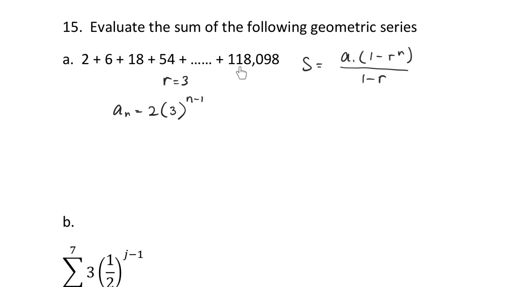We could solve for n by plugging 118,098 in for a sub n. Now the variable we're solving for is an exponent, which makes this an exponential equation, so we have to solve this using logarithms. We're going to divide by 2.